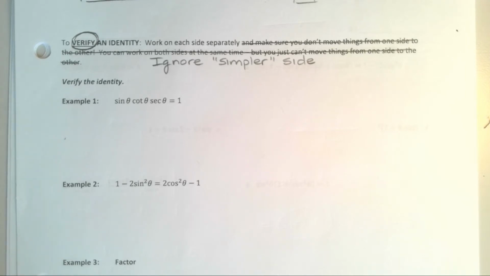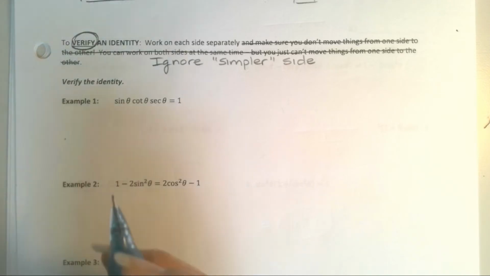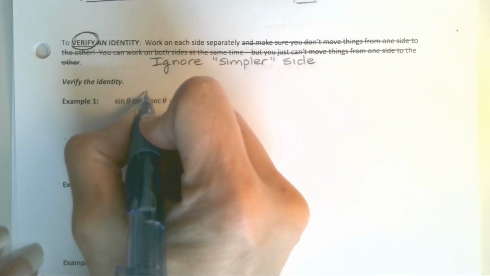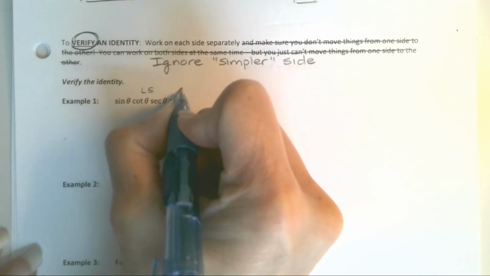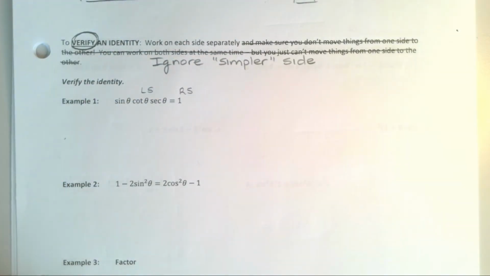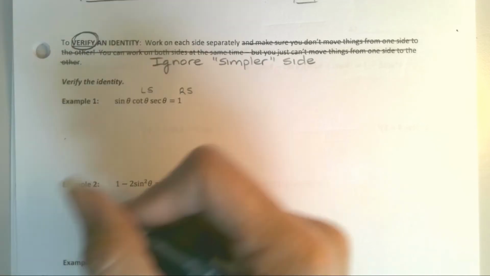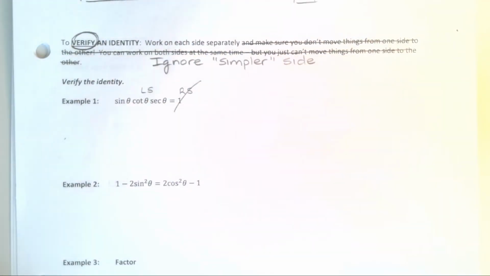We're going to work on one side separately from the side that you ignore. So in example 1, we have an equation with a left side and a right side. It's an equal sign. Which one of those two sides, left or right, is the simpler looking side? The right side. So ignoring means strike through it and pretend that you don't have that side, okay?